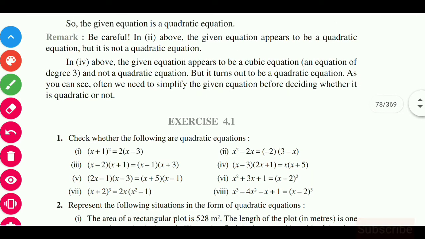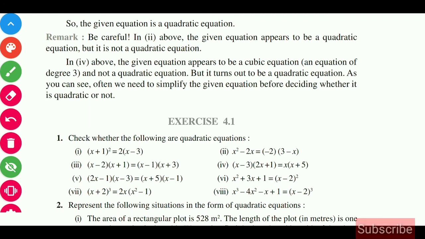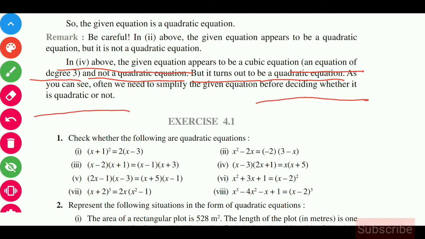So that shows that in equation 4 above, the given equation appears to be a cubic equation, that is an equation of degree 3 and not a quadratic equation, but it turns out to be a quadratic equation. As you can see, often we need to simplify the given equation before deciding whether it is quadratic or not.